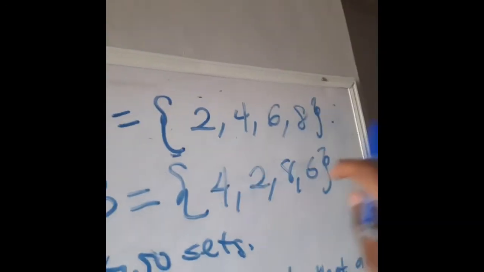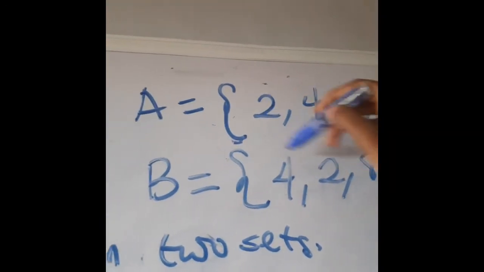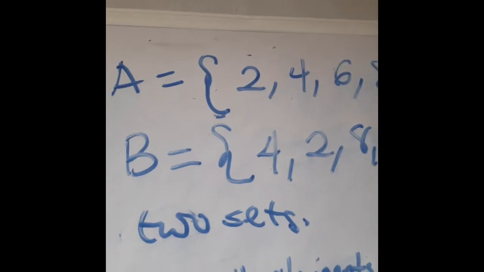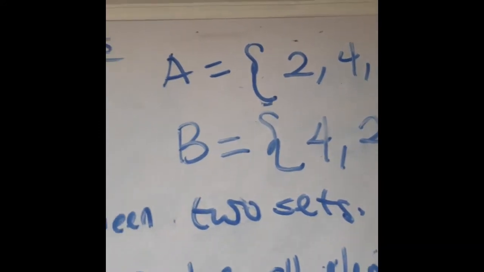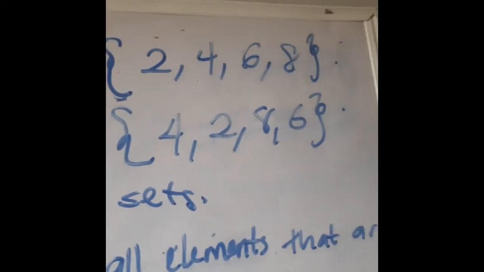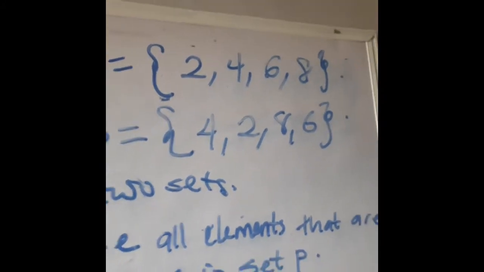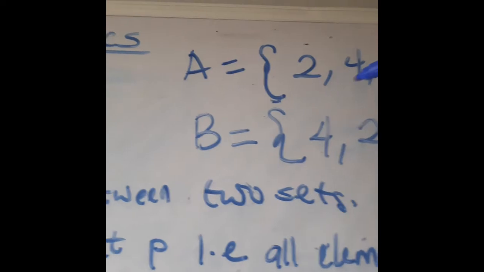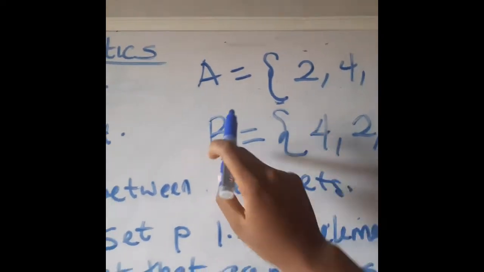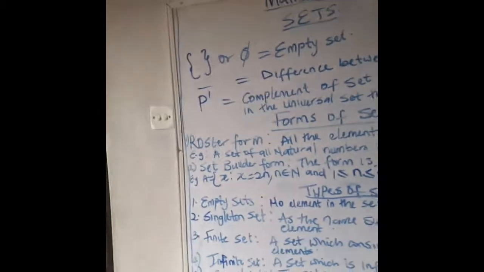If we look at this now, you see that all the elements of set A are also the same elements in set B, just that they are not in the same order. This one started with 2, 4, 6, while this one started with 4, 2, 8, 6. So this is saying set A equals set B. That's a form of equal sets.